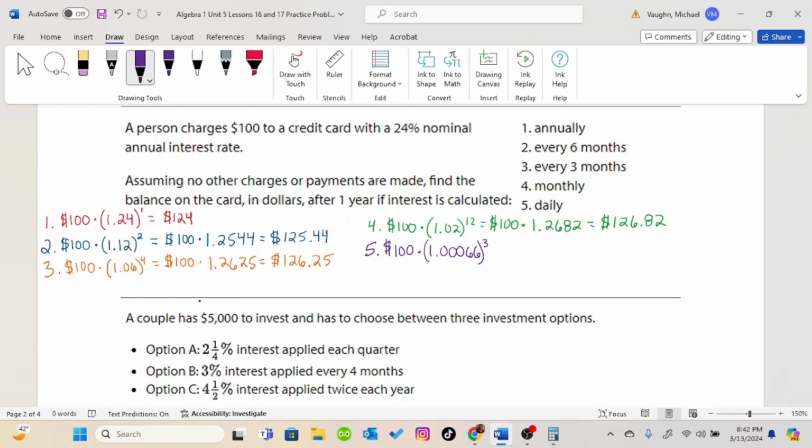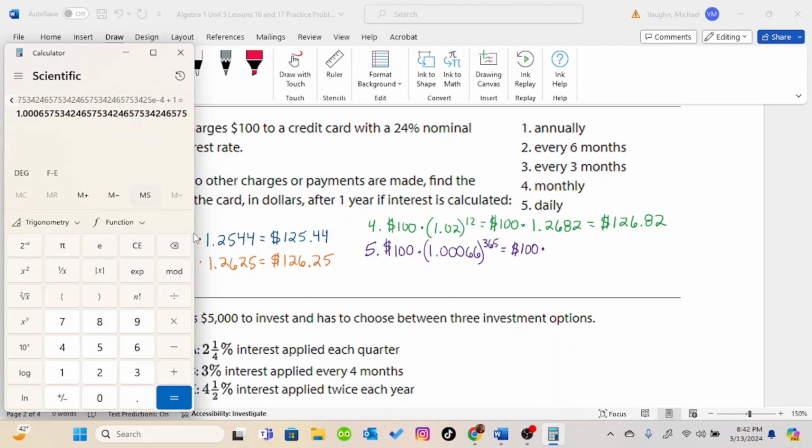And it's going to be to the power of 365 since we would be doing it daily. So now we can take this growth factor to the power of 365, and that's approximately 1.2711.